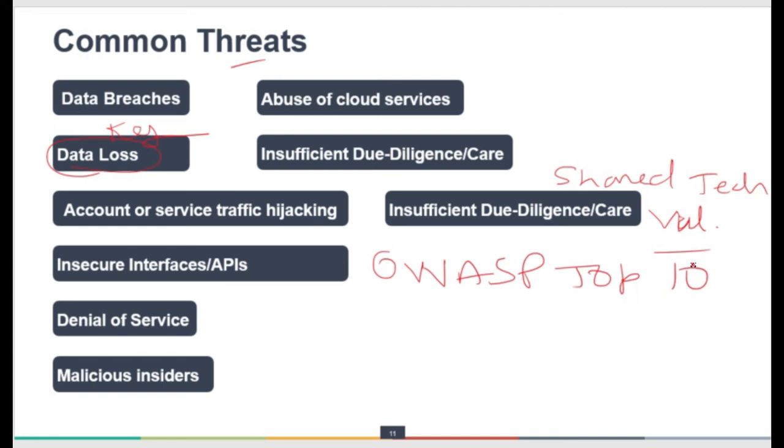The cloud service provider shares the infrastructure and technologies not only with the tenants but also with other cloud service providers. And these technologies and vulnerabilities are shared among the different cloud service providers and the customers. Layered protection and defense in depth is very important here to protect our assets.